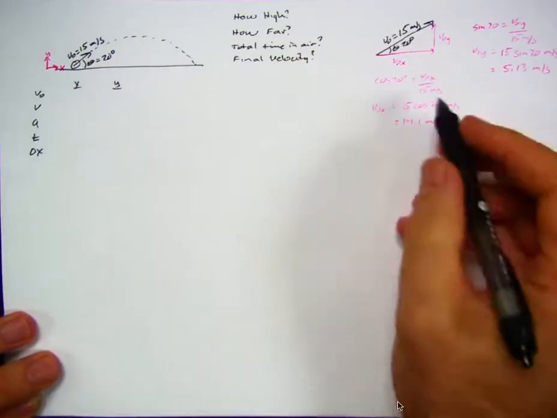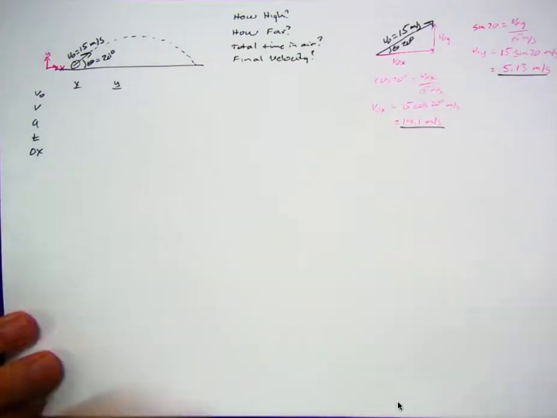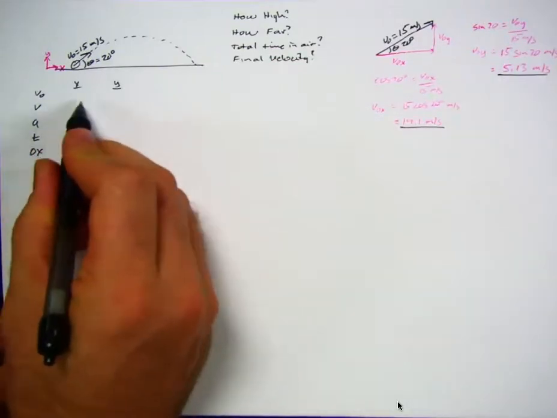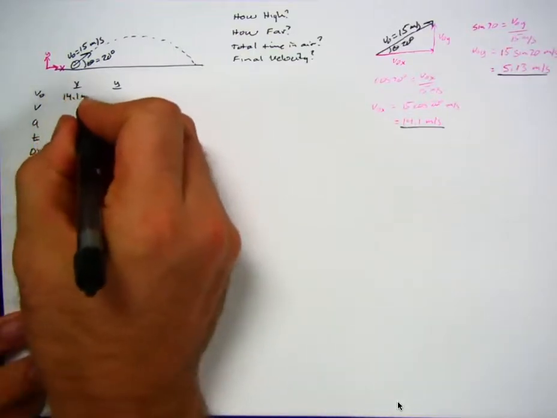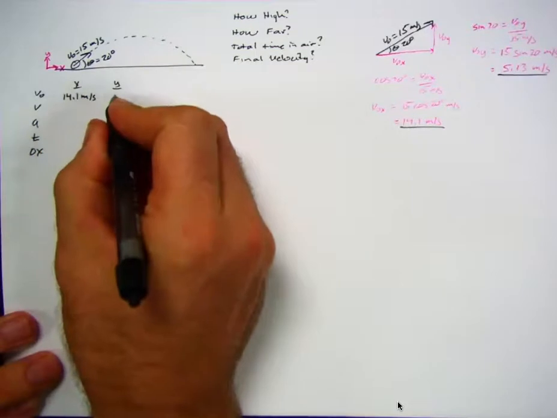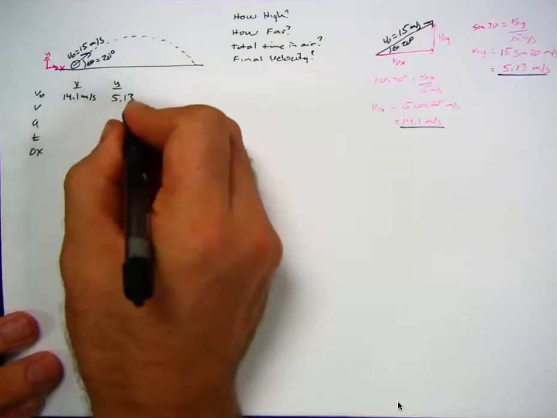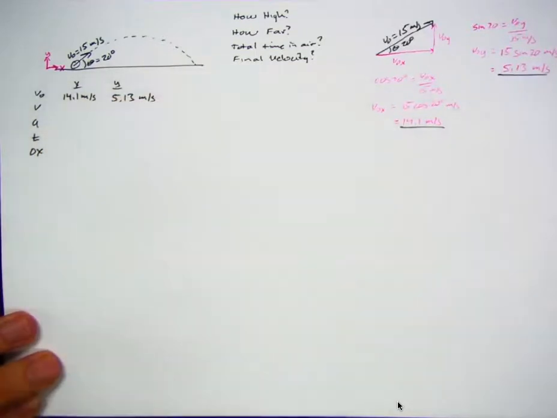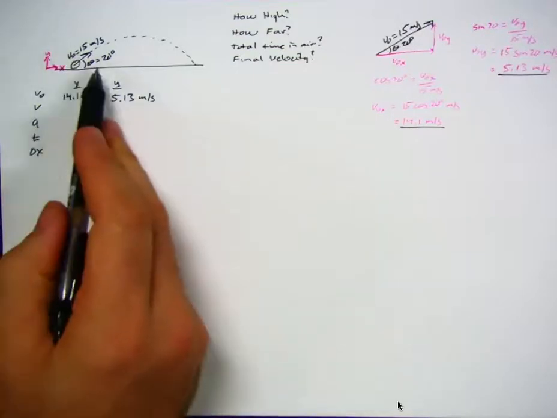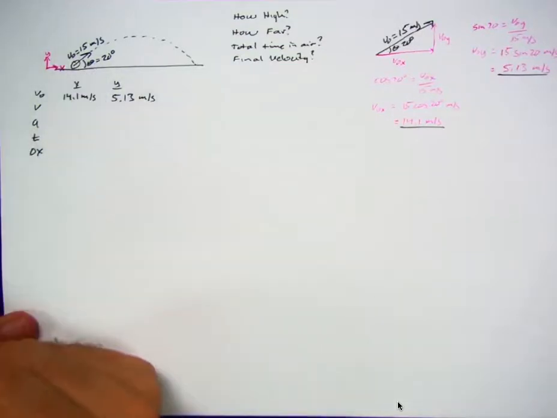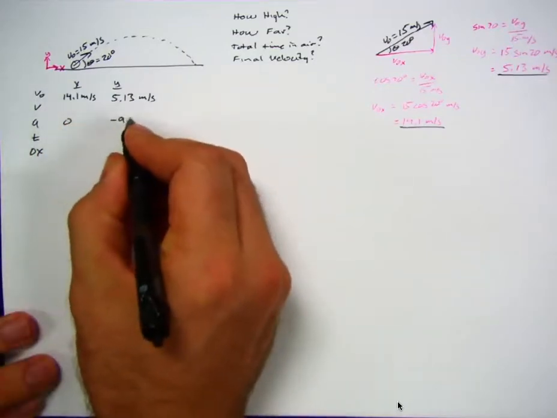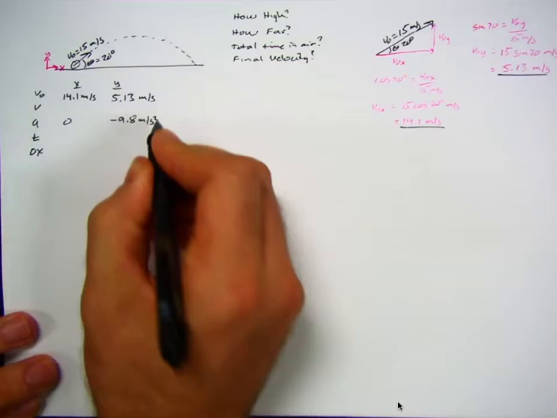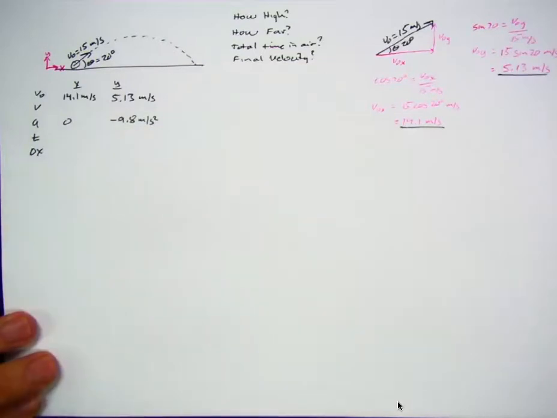So I now have my v0x and v0y that I can put over into my column of variables: v0x 14.1 meters per second, v0y 5.13 meters per second, and those are my initial conditions. I don't use the 15 or the 20 anywhere. We also get for free the acceleration of 0 in x and 9.8 meters per second squared in the y direction, and the 9.8 is down.